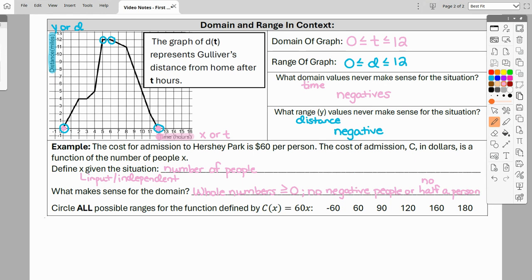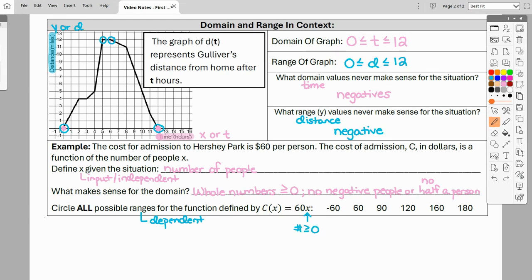Now that I have that independent restriction, I want to circle all possible range values, which is dependent on that independent variable, for the function defined by c of x equaling 60x. Well, right away, I know I'm going to be plugging into this function numbers that are greater than or equal to 0.